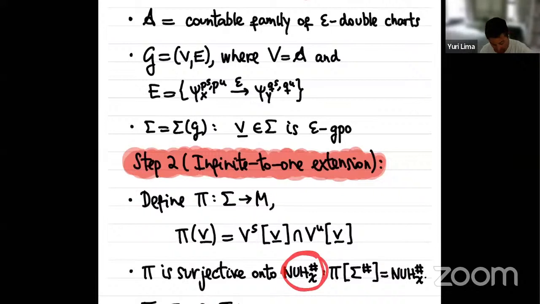Actually, the image of pi restricted only to recurrent sequences is surjective. And for the other inclusion, we actually get an equality, by means of the improvement lemma.